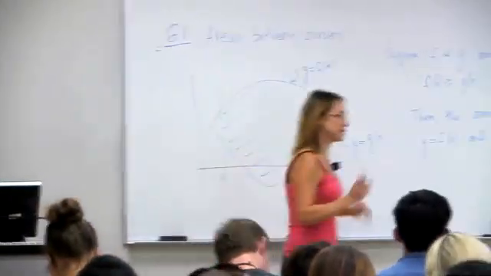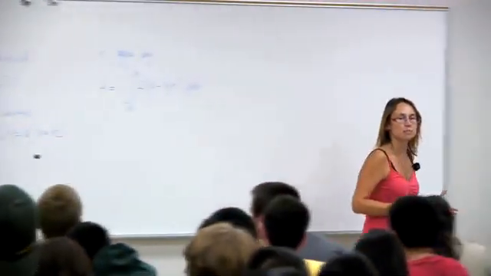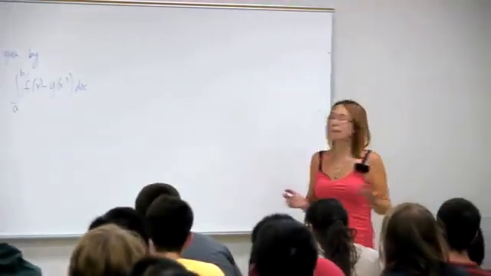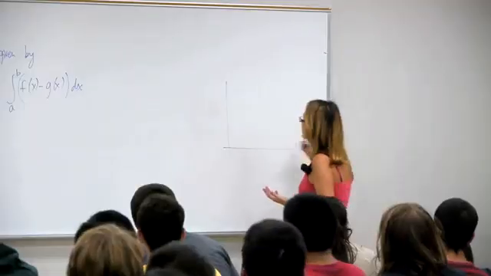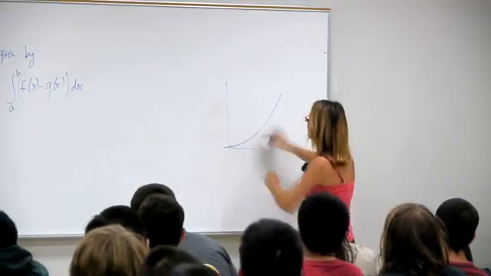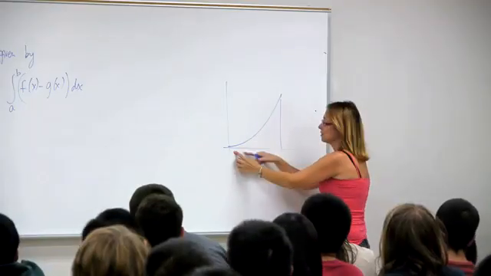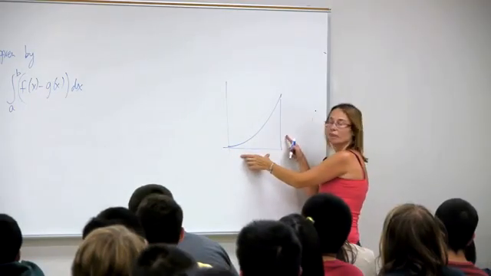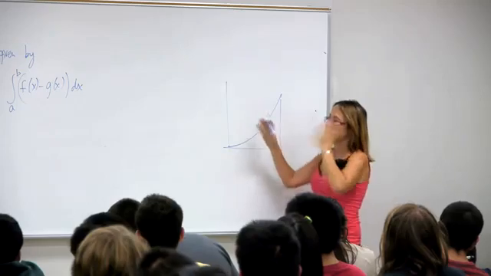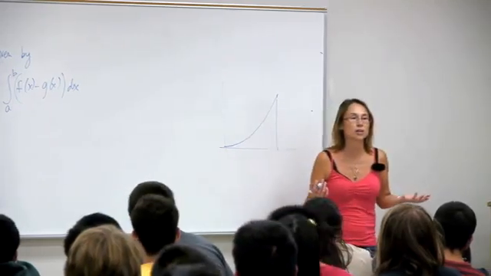Remember when we started this class, we talked about areas of curvilinear shapes. And then we did something quite lame. We said, okay, our curvilinear shape is this. It only has one curvilinear side and two straight sides, right? So that was our first example of a shape whose area we calculated.